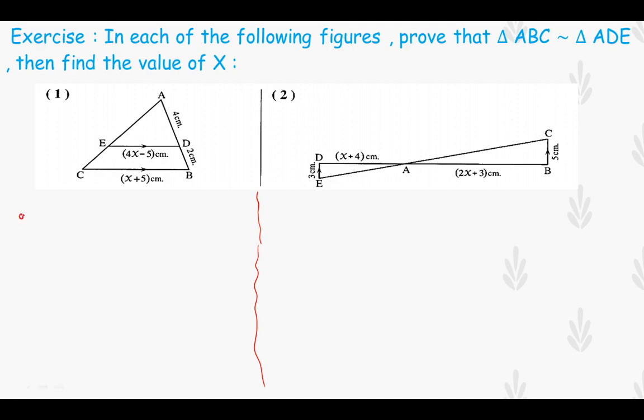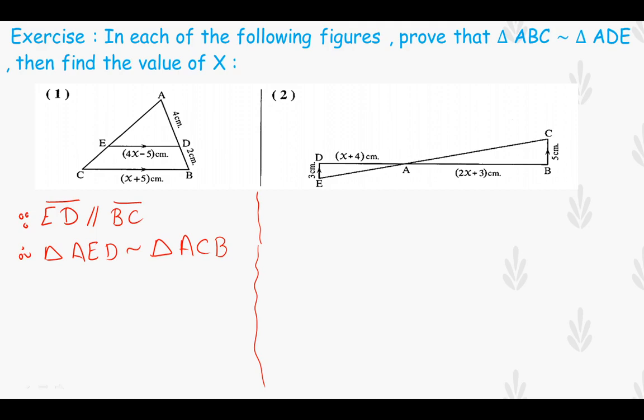Since ED, again, one more time, since ED is parallel to BC, okay, therefore triangle AED will be similar to triangle ACB. Okay, measure of angle A equals measure of angle A, common angle. Measure of angle E equals measure of angle C, corresponding angles, and measure of angle D equals measure of angle B. And we will not write it.